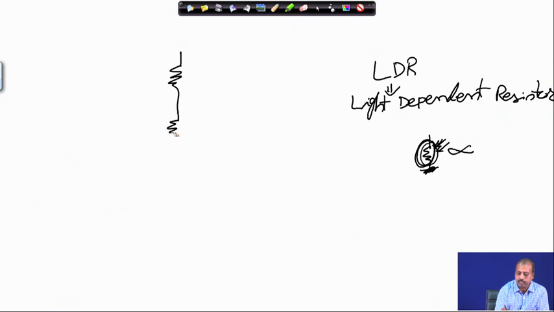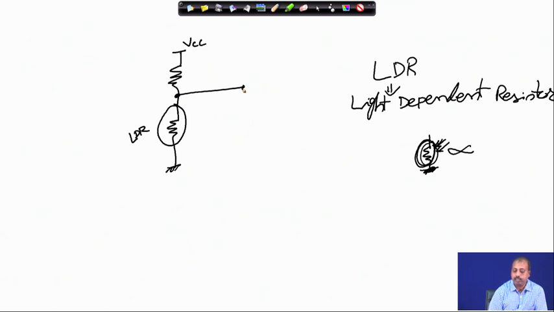You put a current limiting resistance, and this is the LDR. This is connected to some supply voltage VCC, this end is grounded, and from this point I am getting the value. When light is not there, the resistance is very high, so you will get a voltage here almost equal to VCC, as there will be very little current flowing through this device.